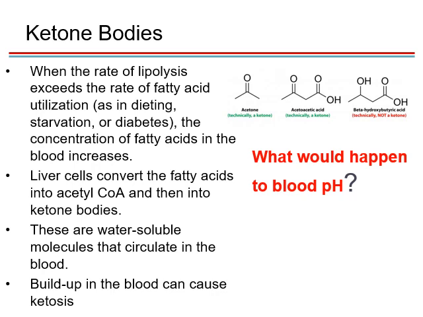One other molecule we can use to produce ATP is ketone bodies. Your body can use ketones. All right, this is the premise of the ketogenic diet. People that are on the ketogenic diet are basically using ketones for energy instead of sugar. They're eating very, very low carbohydrates.